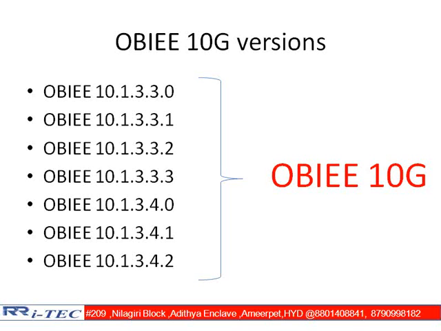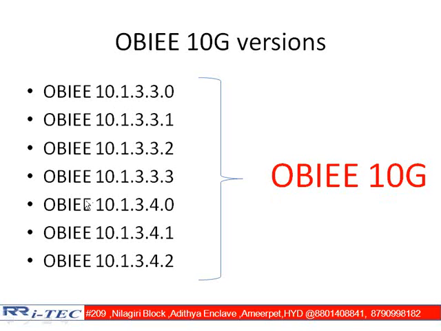Now, if you go for the different versions of OBIEE 10G, it looks like this: 10.1.3.3.0, you can remember it very easily. That series came up to 10.1.3.4.2. These many versions are available within OBIEE 10G.